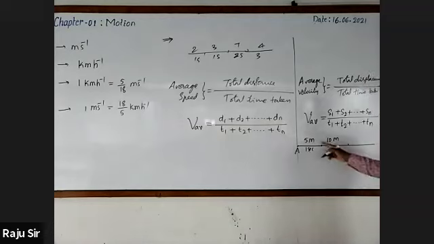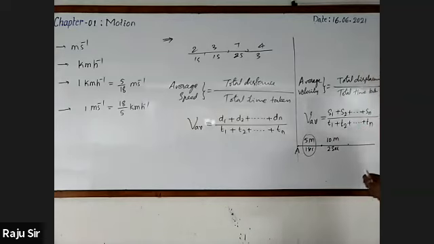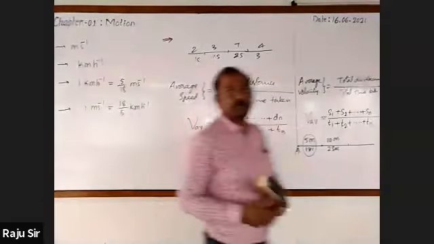Followed? Now, could you tell what is the velocity of that body in first second? It will be 5 meter per second. Next situation, it is 10 by 2. Again, 5 meter per second. Are you all following? Hope that you have followed.